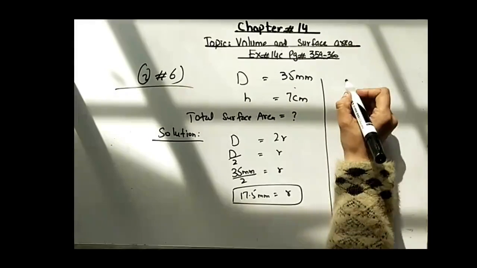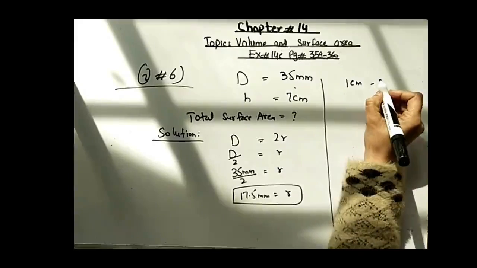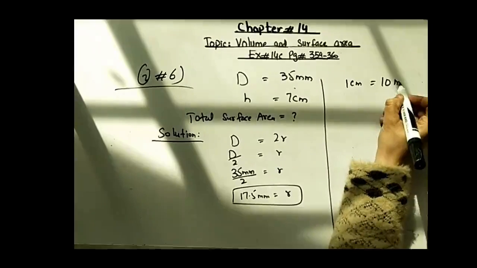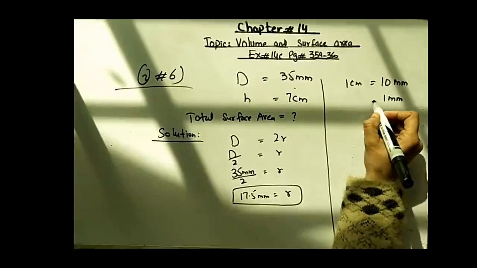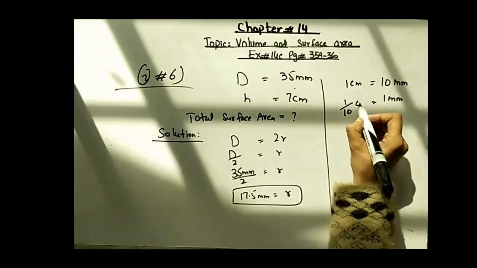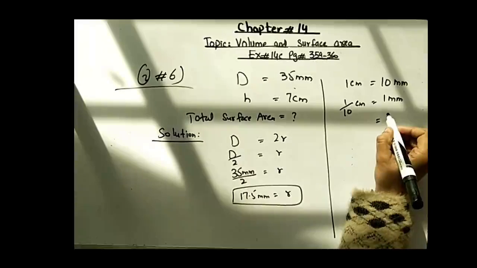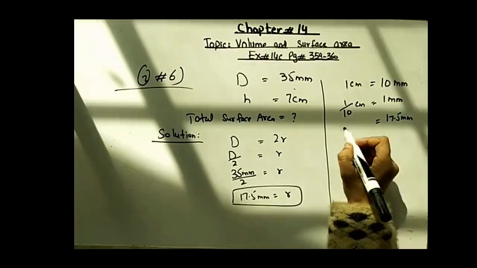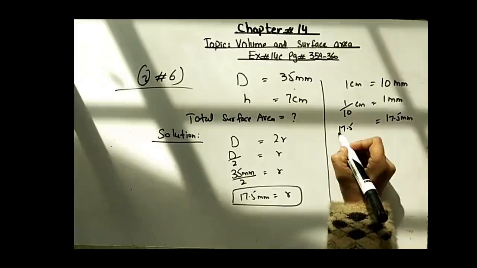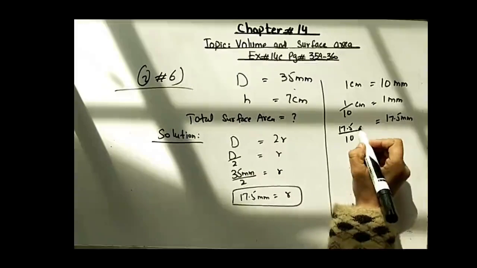As we know that 1 centimeter is equal to 10 millimeter, then 1 millimeter is equal to 1 by 10 centimeter. Then 17.5 millimeter will become how many centimeters? 17.5 will be multiplied by 1 by 10 centimeter.